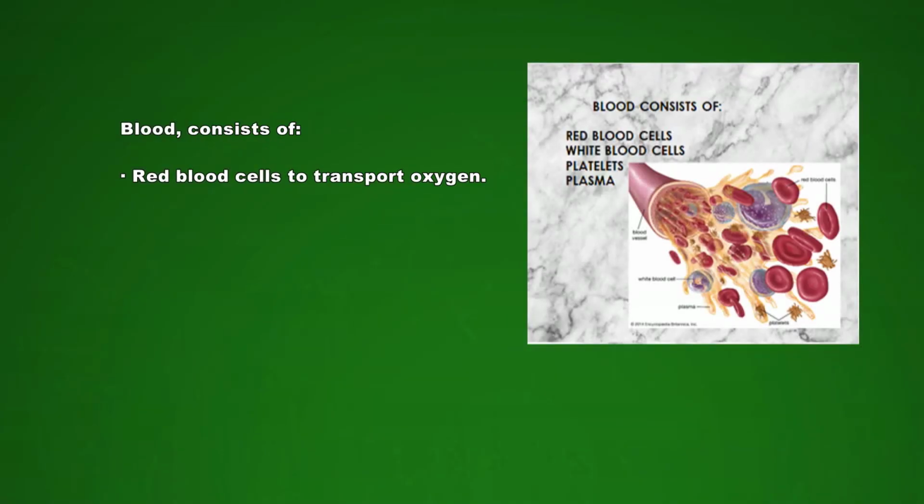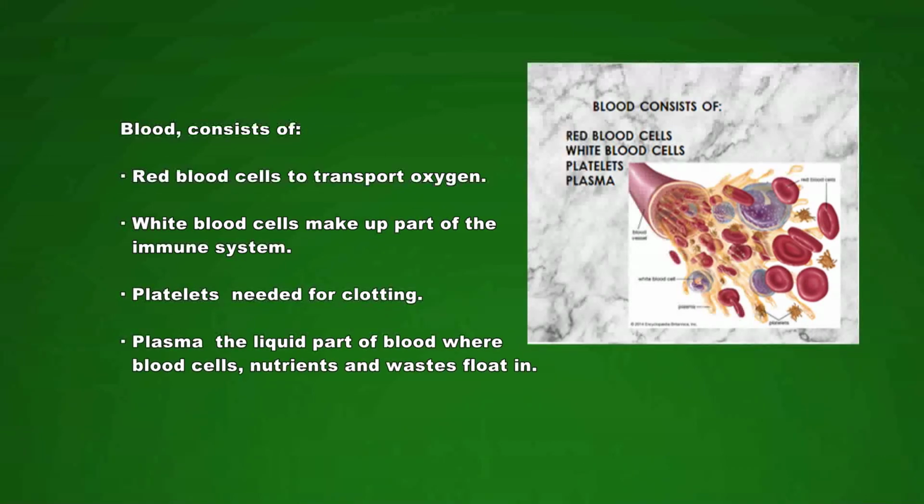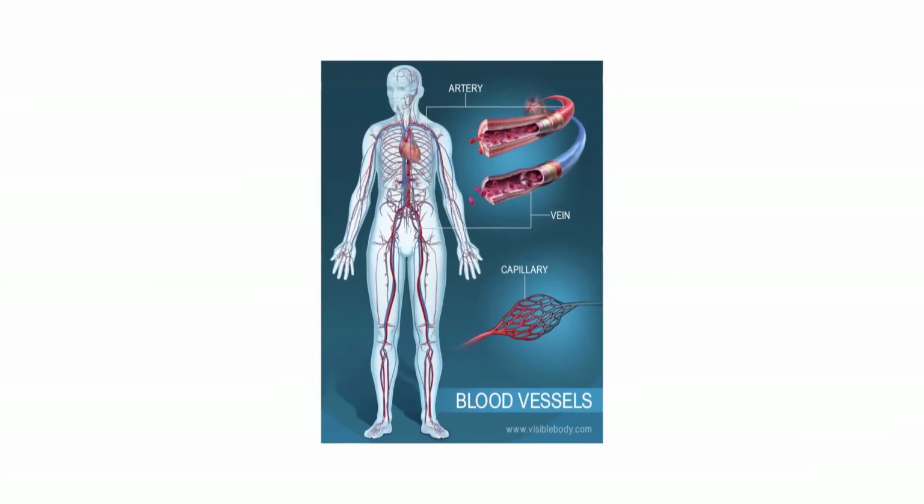Blood consists of red blood cells that transport oxygen, white blood cells that make up part of the immune system, platelets that are needed for blood clotting, plasma, the liquid part of blood where blood cells, nutrients, and wastes float in. Here you can see what the human circulatory system looks like.